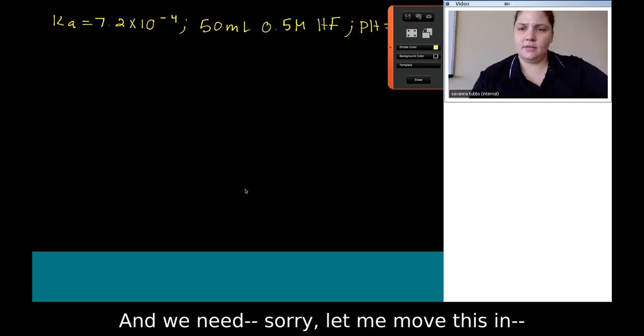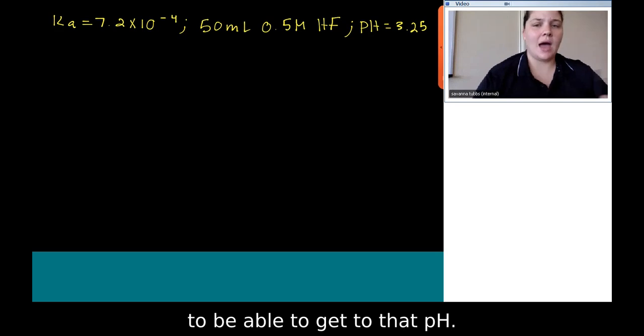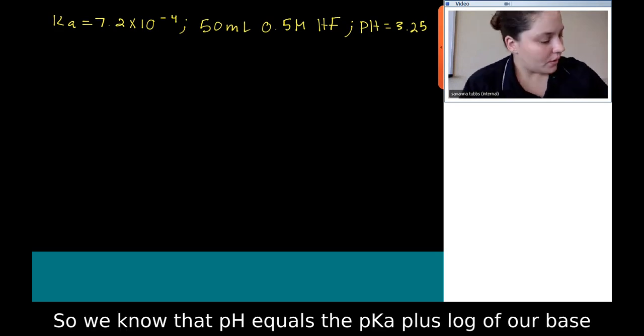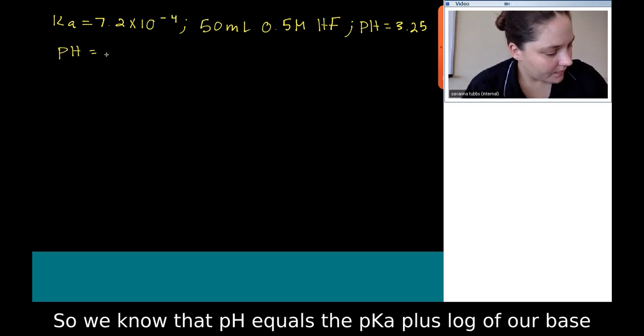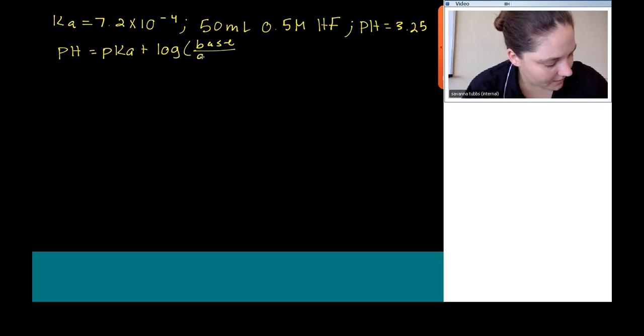And we need to know the weight of NaF to be able to get to that pH. So we know that pH equals the pKa plus log of our base divided by our acid.